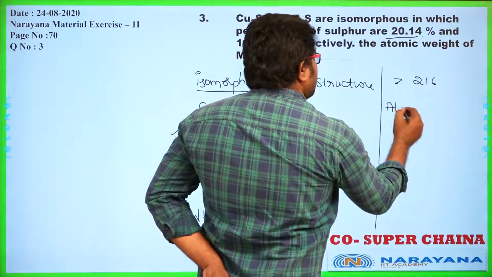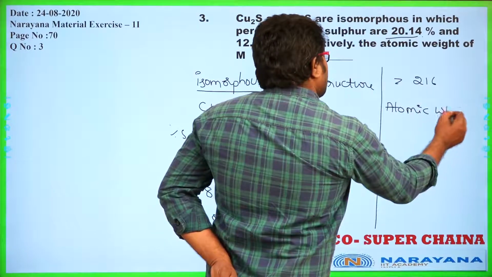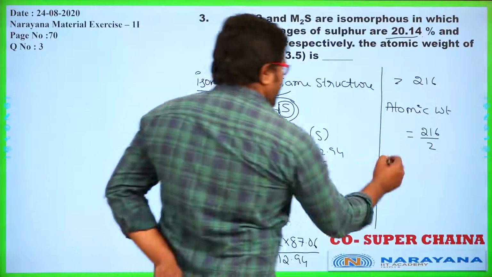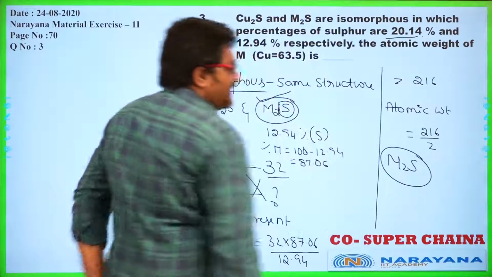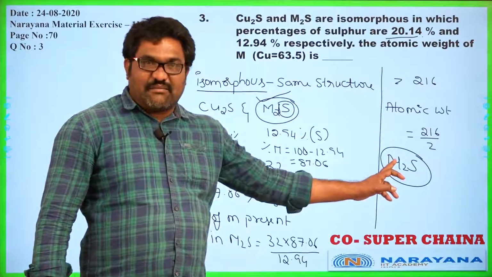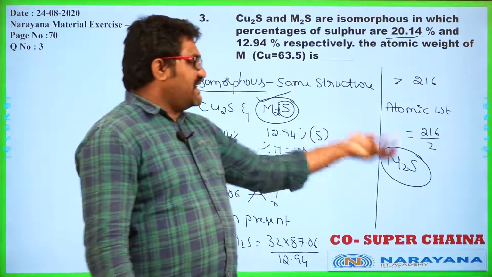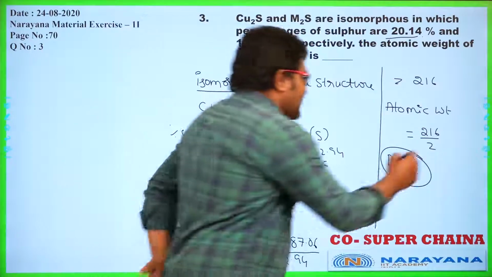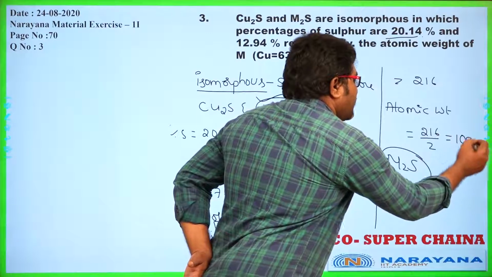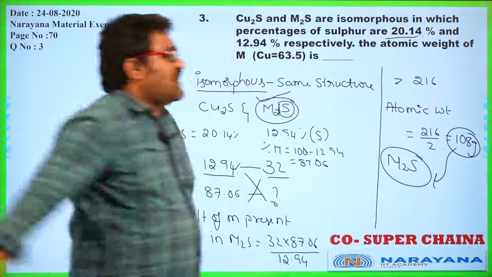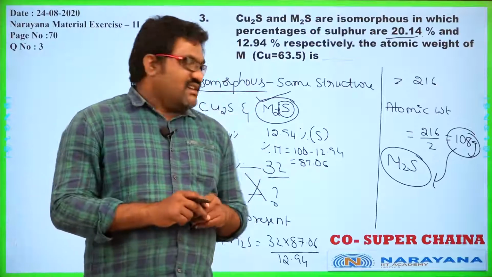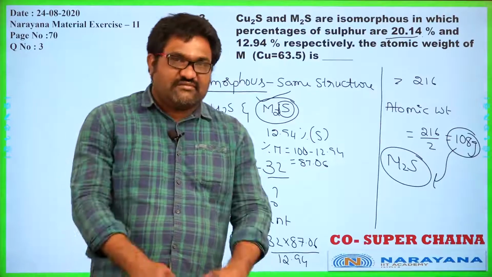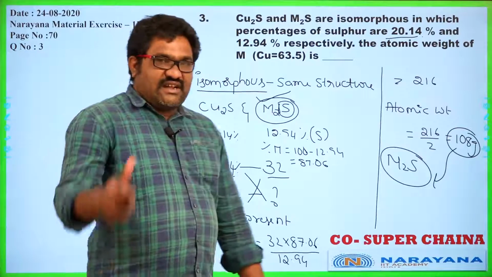Now the atomic weight is 216 by 2, because 2 metal atoms M are present in that compound. The total weight of the two atoms is 216, so the weight of each atom is 108 grams. That is the atomic weight of the element M. So based on this percentage, we are able to calculate the weight of total M present in 1 mole of the compound. Let us go for the next question.